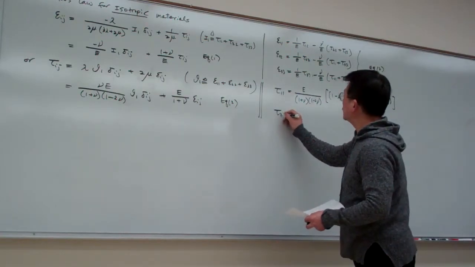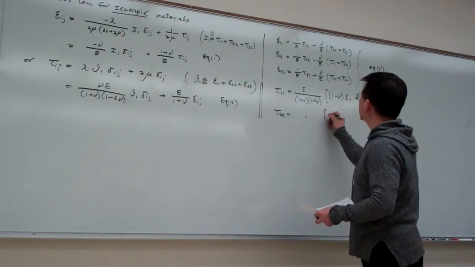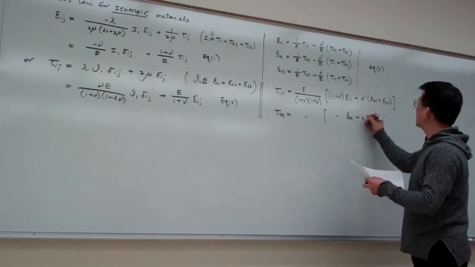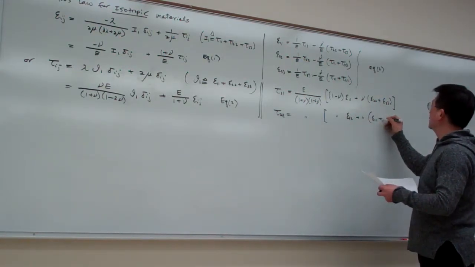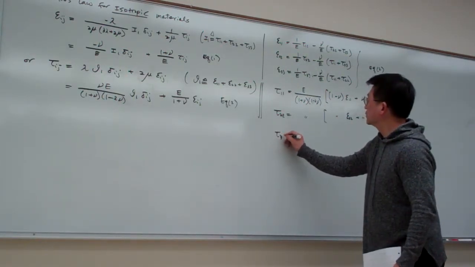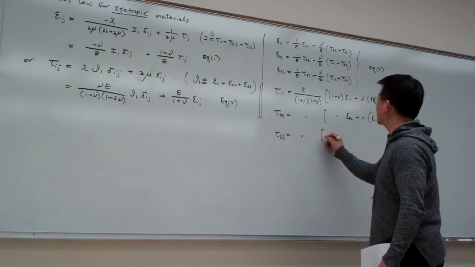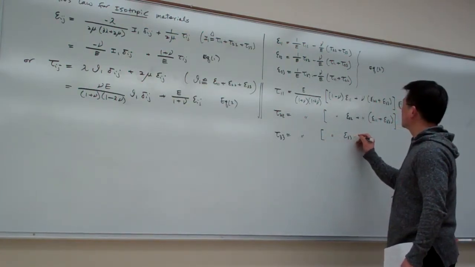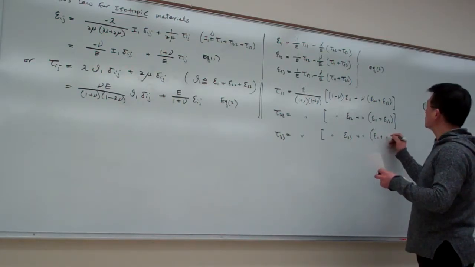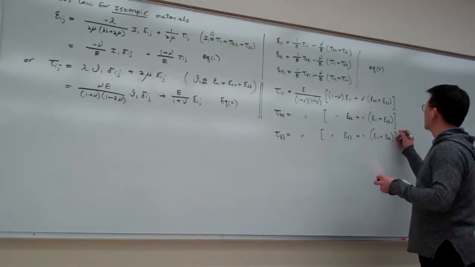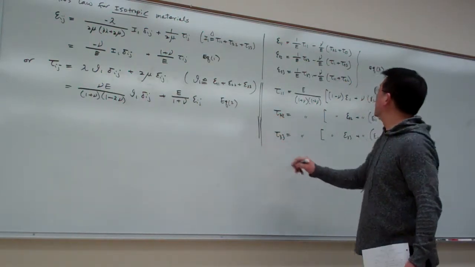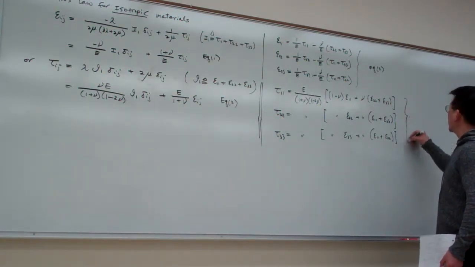Okay, and tau 2,2 will be in similar patterns, with epsilon 2,2, epsilon 1,1, epsilon 3,3, and tau 3,3 will be similar patterns. Okay, so with this one ready, let me call this equation 4.